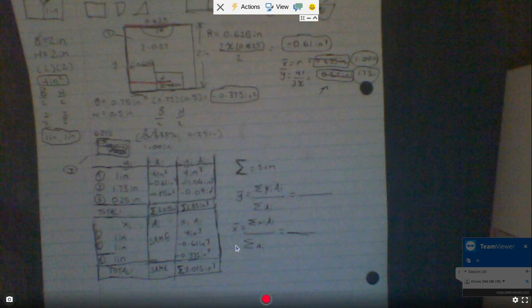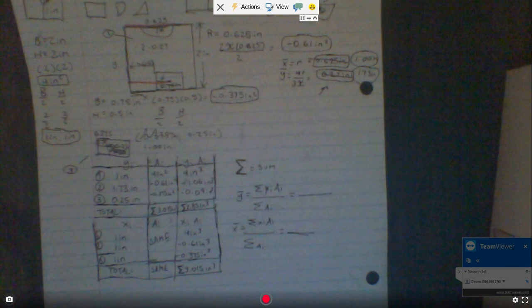Well, the sum of xi ai is the sum that we got down here. You can't see where I'm pointing. Well, actually, I'll just do this. That's what I've been trying to do. So we're going to put this right here. Or sorry, this is for the x.